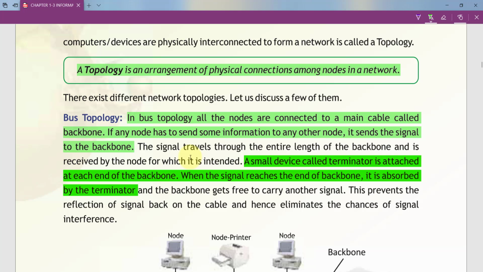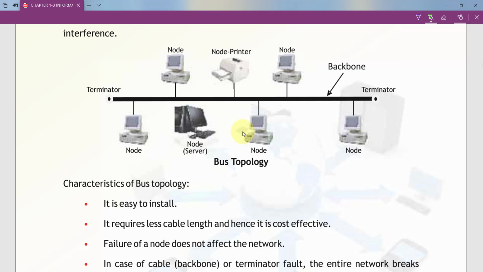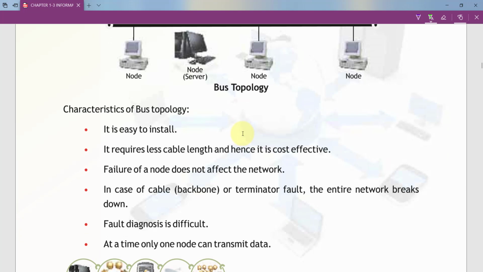So you note down this definition and you also draw the figure. It looks like this. After this, what are its characteristics? What are its advantages? It's very important. Clear, students?